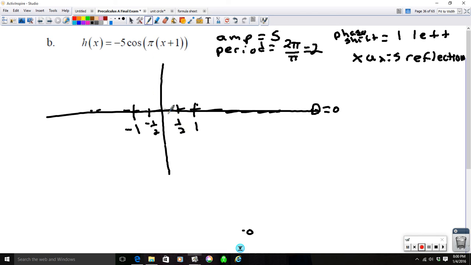If the amplitude is 5, this is going to go up to +5 and down to -5. And again, we know our cosine is starting at the minimum. Up and back down. So our graph is going to look like this. And this is 1 period of it. And you can obviously, if it's asking for more than 1 period, keep going in this direction or keep going in this direction.